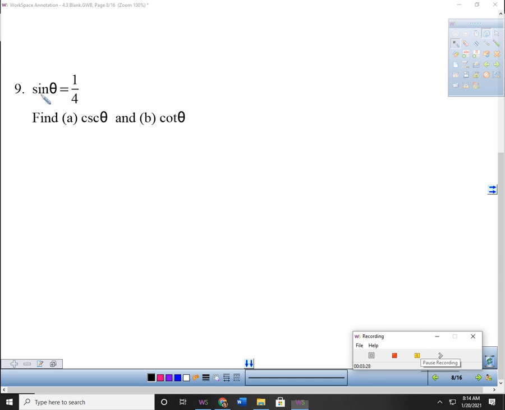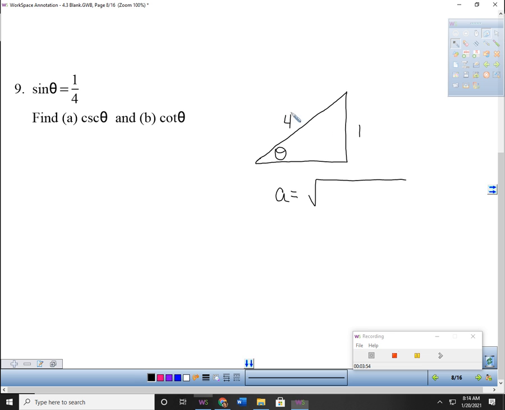All right, so I know that sine is 1 over 4, so I'm going to draw my triangle. Sine is opposite over hypotenuse, so the opposite side is 1, and the hypotenuse is 4. To find a missing leg, we'll just call it A, you take the square root of your hypotenuse squared minus the leg squared.